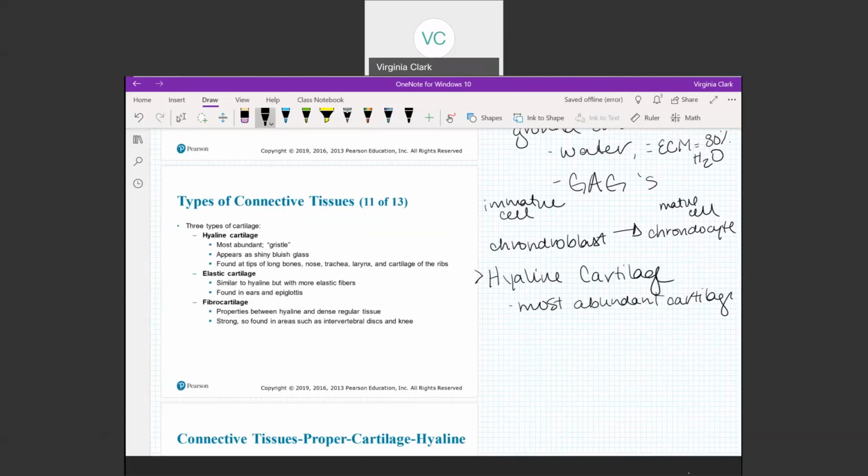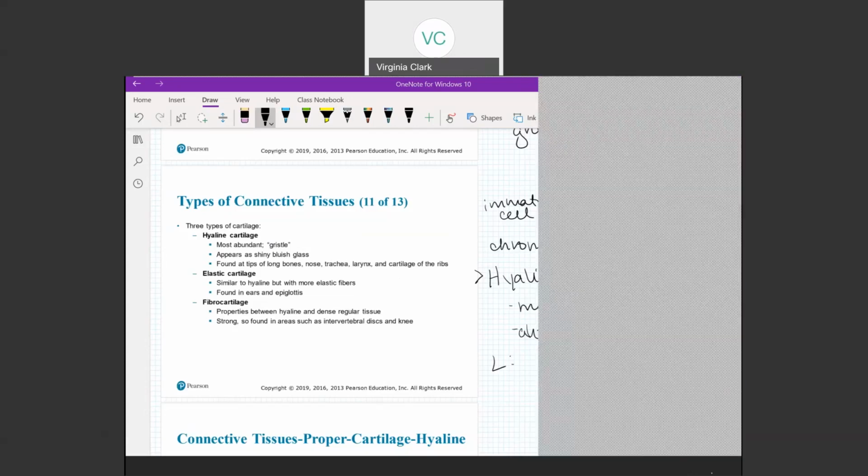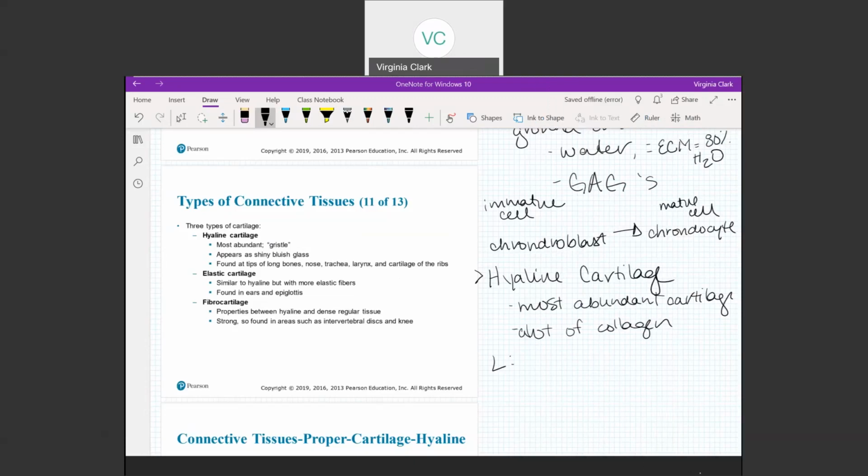It has a lot of collagen fibers, so that's the primary fiber here. It is found wherever you have bone connecting to bone, the articular ends. So it'll be the bone ends in order to connect to another bone.